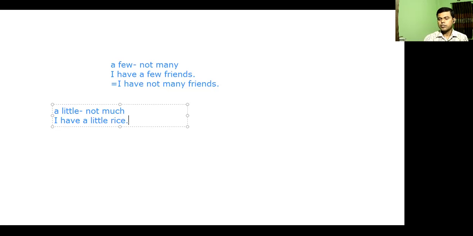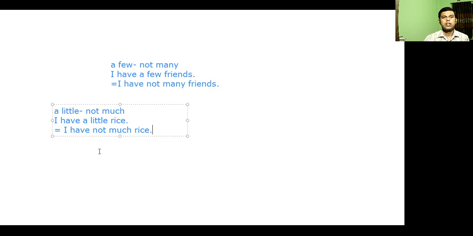This is an affirmative sentence. Then in negative, I will write: I have not much rice. This is very simple. Have you got it? Only "a little" is replaced with "not much," and there is no other change.